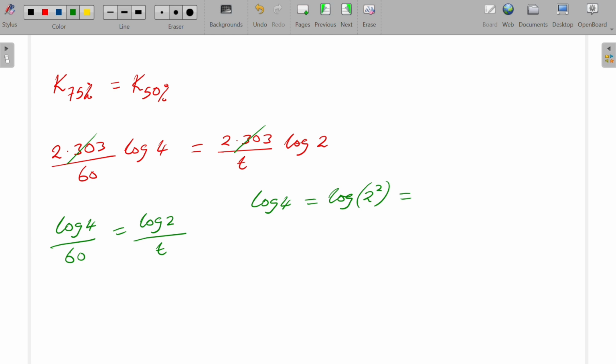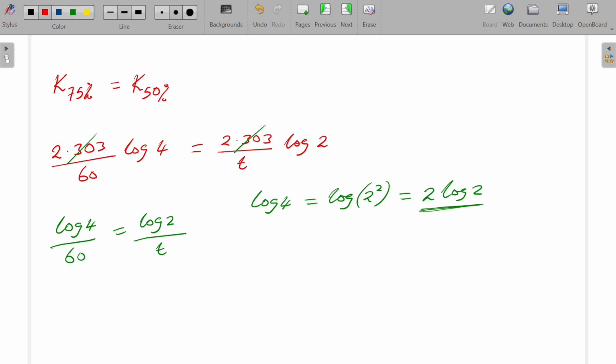And this log of 2 to the power of 2 is the same as 2 multiplied by log of 2. So now this is what we are going to replace where we have log 4. We'll say we have 2 multiplied by log of 2.